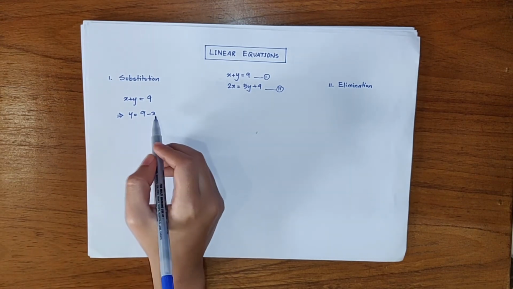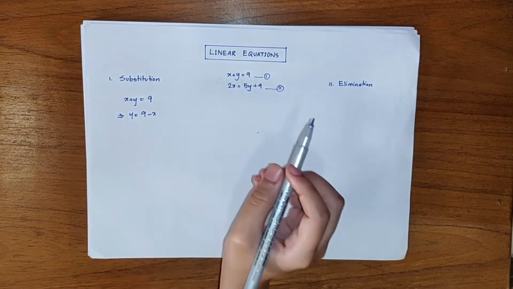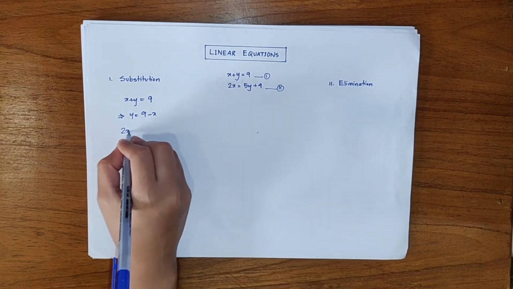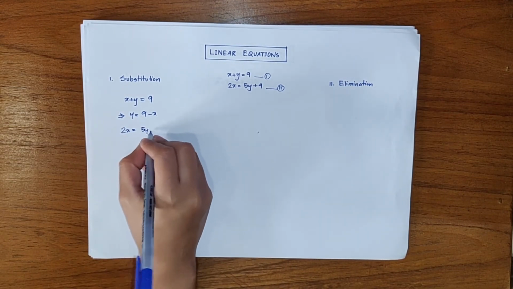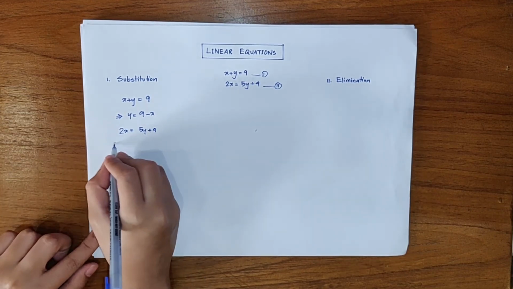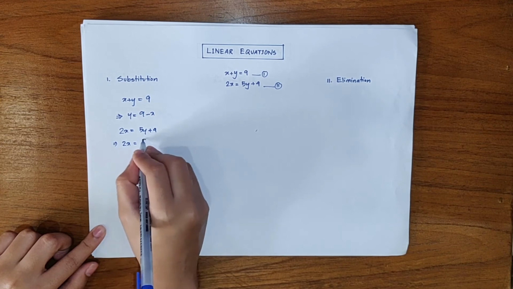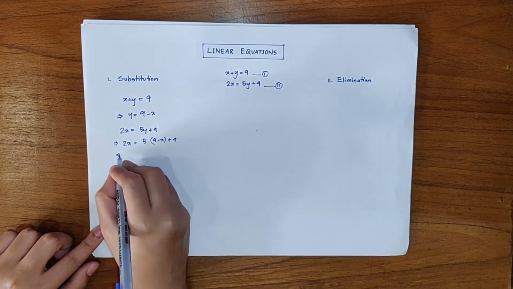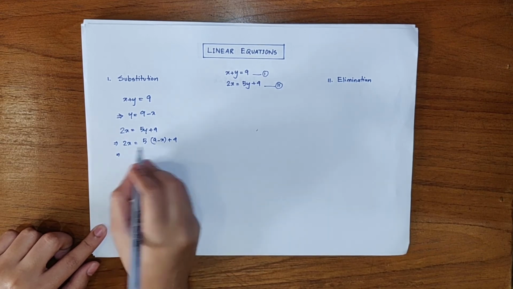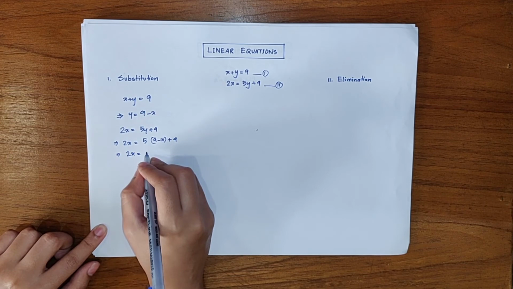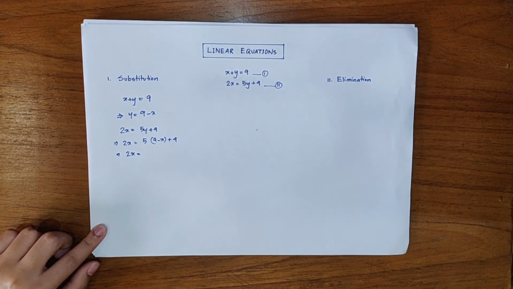Now we have to plug in 9 minus x instead of y in the second equation. So this is the second equation. We have to plug in 9 minus x here. So we have 9 minus x plus 4. Now if we simplify this, it will look like a linear one variable equation.